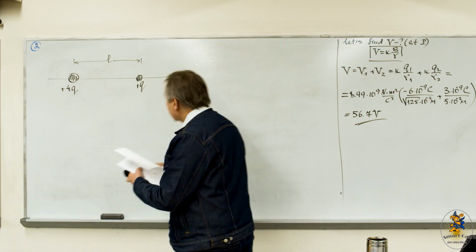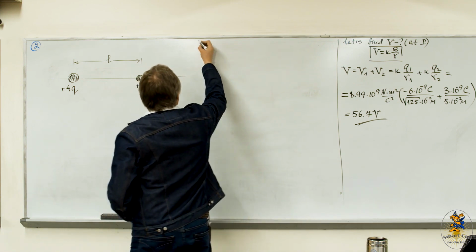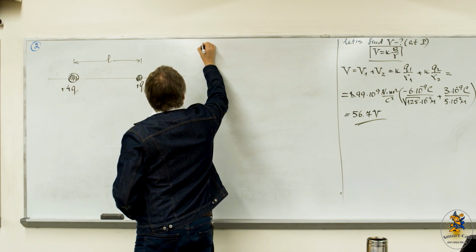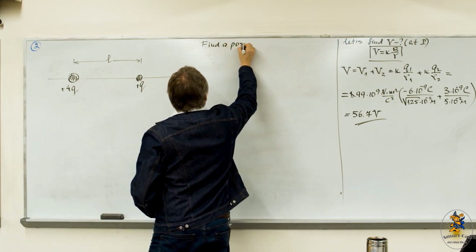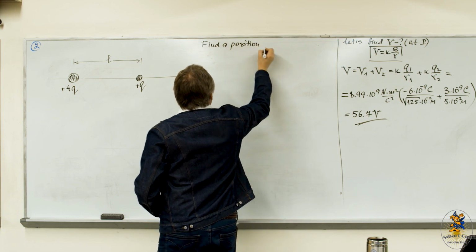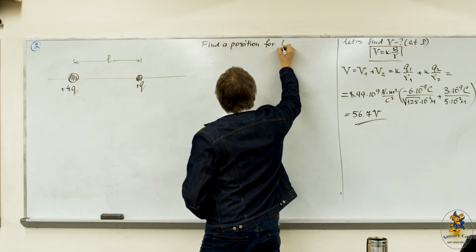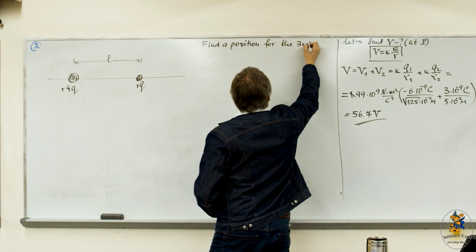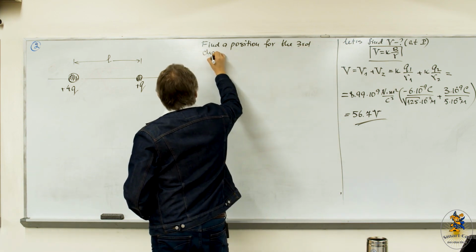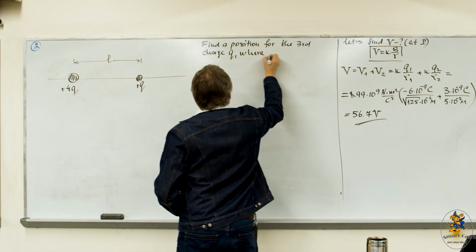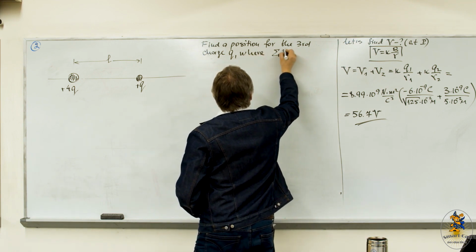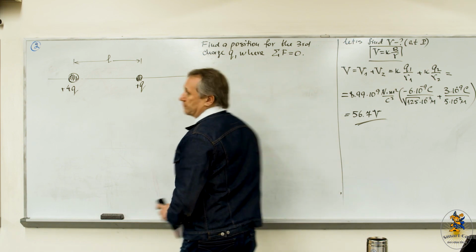Okay, let me check if I give everything that we need. Yeah. So let me write. So let's find a position for the third charge, Q, where net force equals to 0.